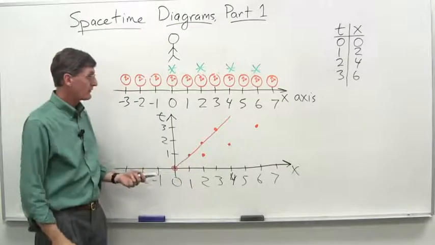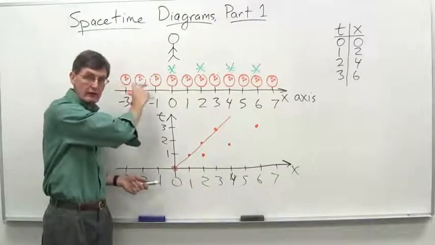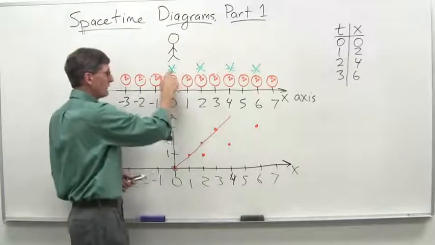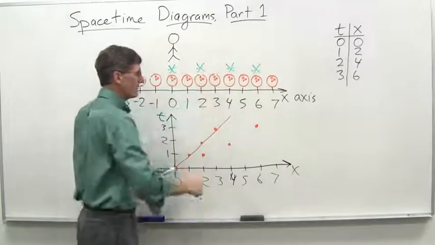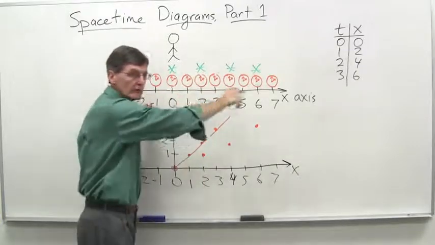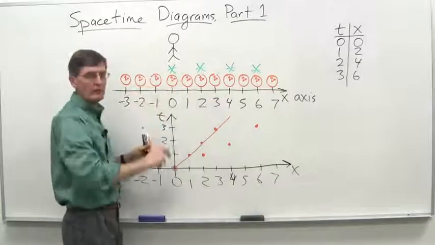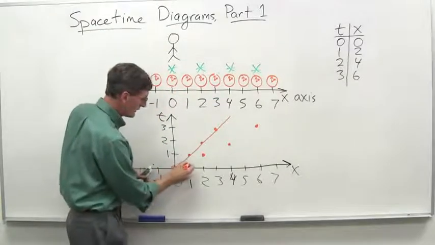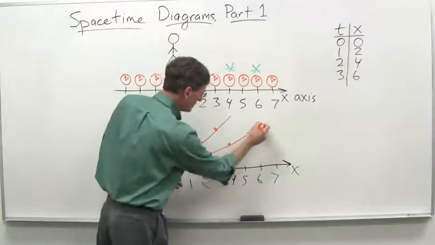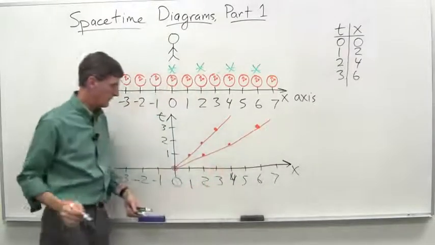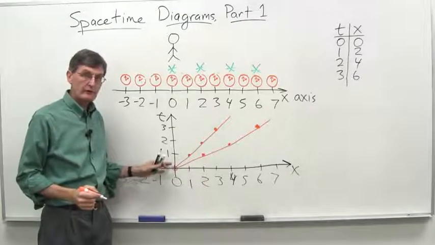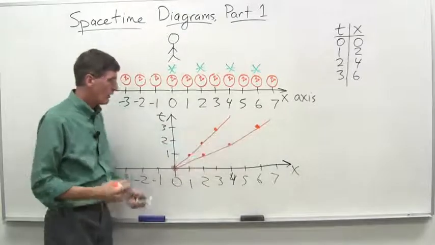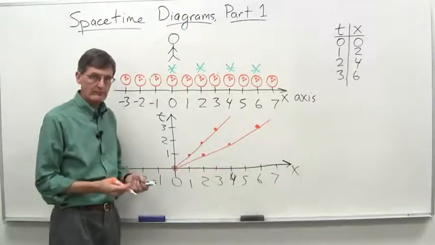So in this case, if this represents a car or spaceship going along, with its flashes there, assuming it's moving at a constant velocity, so it's not changing its speed or velocity or anything, then we could draw a line here, more or less through those points, okay? And that would represent the space-time progress of that car.